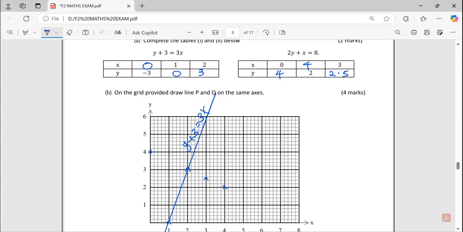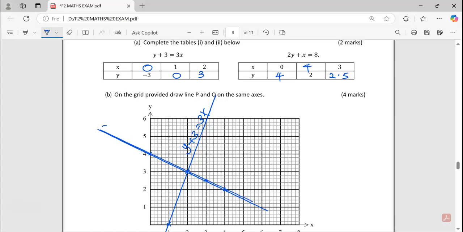Once we have 3 points, we can join by a straight line. So this is what we'll have. That is our straight line. Let me repeat it a bit.